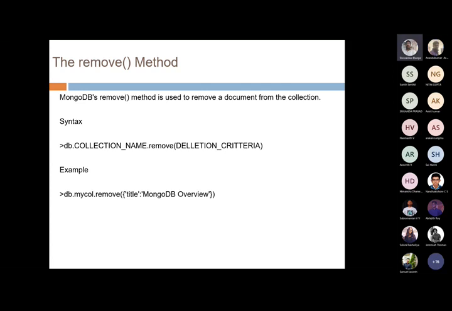So here we are going to remove the information about the textbook MongoDB overview. db.mycollection.remove, where the key value pair of the book is title: MongoDB overview. It removes all the information about this particular document from the collection.